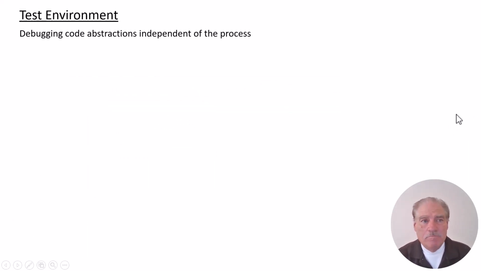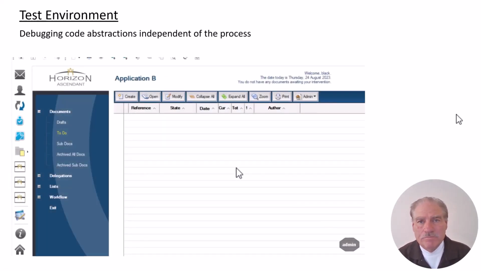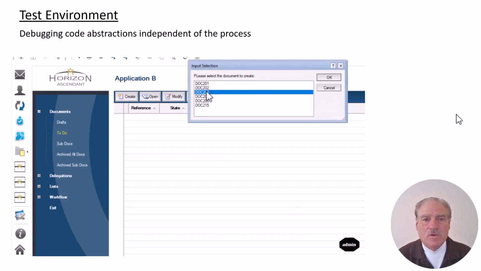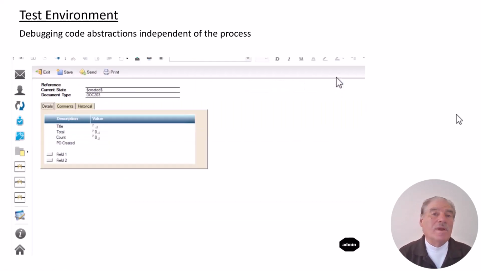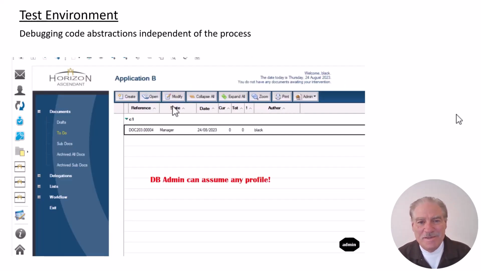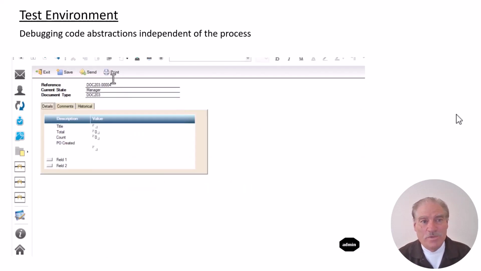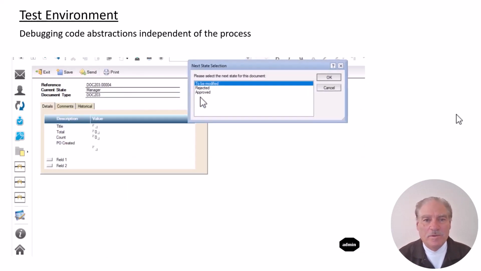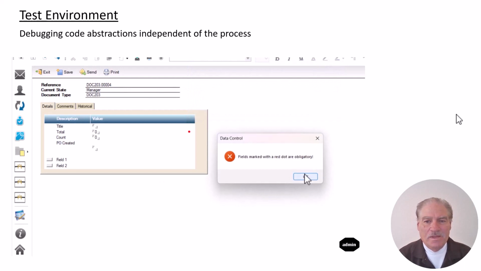So test environment. So much of what we do in Workflow Ascendant is using code abstraction. So we would like to be able to test that independent of the workflow. Remember that the DB admin can assume any role. This is a great time saver when we're debugging, for example.